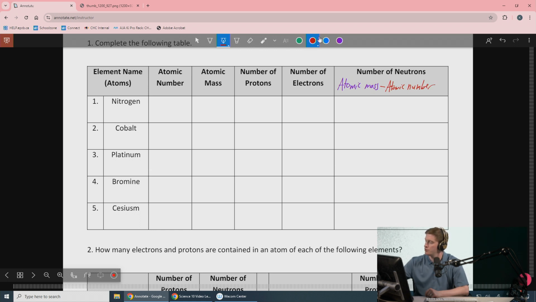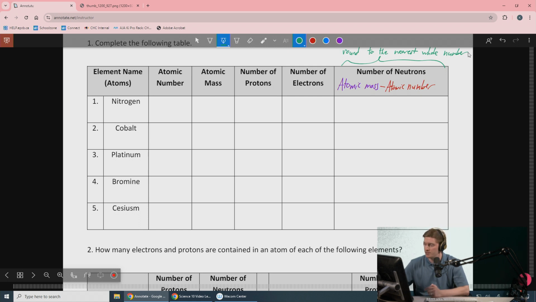Make sure that you round to the nearest whole number. Go ahead and give that a try. So pause the video now, and then I will run us through platinum just as an example, just for one more time. So go ahead and pause the video, and then I'll go through how to do it for platinum.